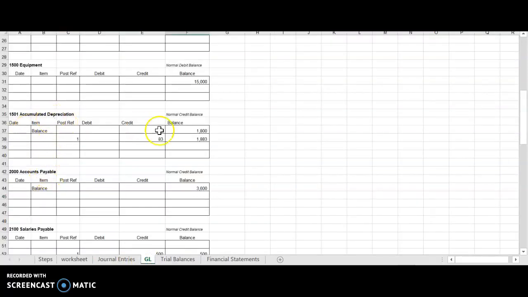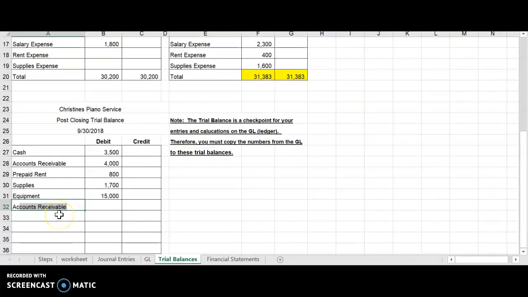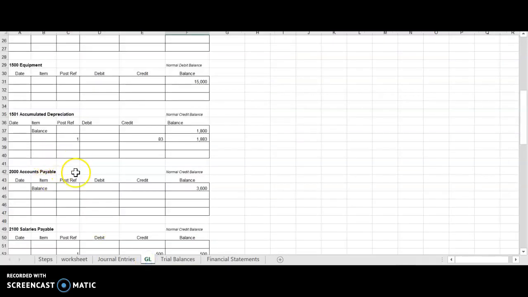And then accumulated depreciation of $1,883, which is a contra asset account, which means it goes on the opposite side. And accounts payable of $3,600.